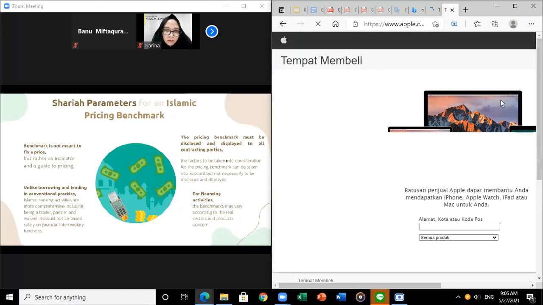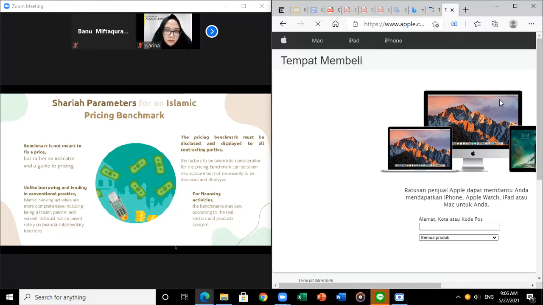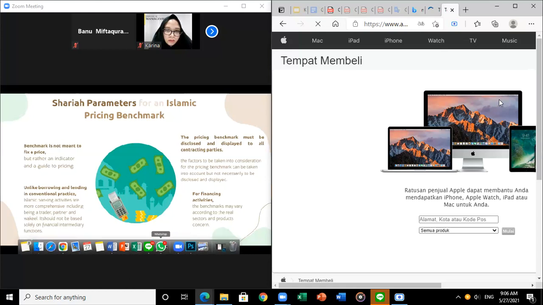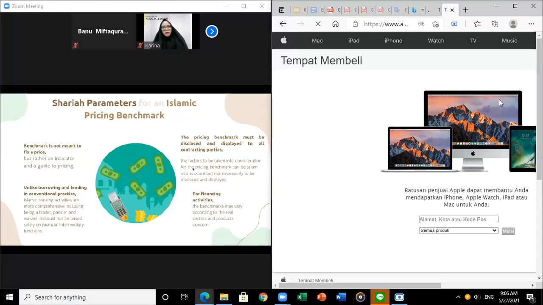The next one, the pricing benchmark must be disclosed and displayed to all contracting parties. The factors to be taken into consideration for the pricing benchmark can be taken into account, but not necessarily disclosed and displayed. And for the financing activities, the benchmark may vary according to the real sectors and products concerned.